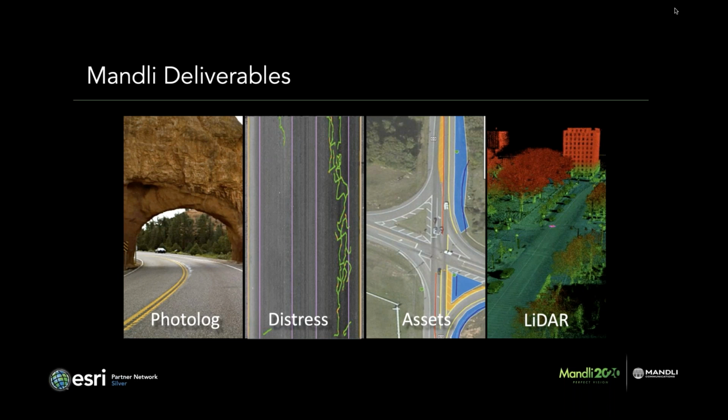From left to right: photo log, capturing that right-of-way imagery that companies love to use for validation and a myriad of other things; pavement distress, which we'll talk about in depth today; asset detection and extraction, which we get from our LiDAR data, which is the fourth core deliverable. So going back to pavement distress, that is obviously what we're here to discuss today.